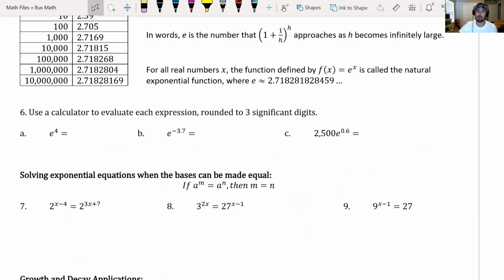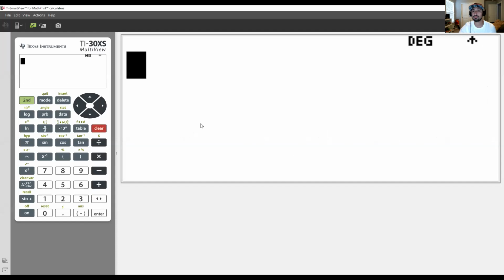Okay, and again, I'll switch screens. I'll show you how to type those in. Stop this share, back to my calculator, and clear all this out. To get to your E function, it should be the same on any calculator.